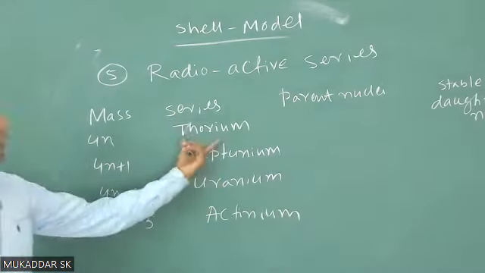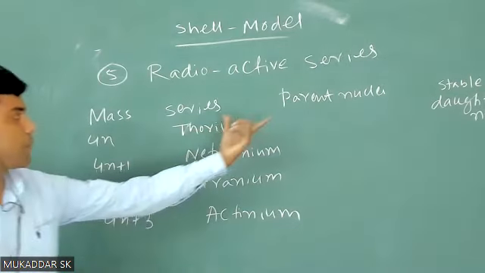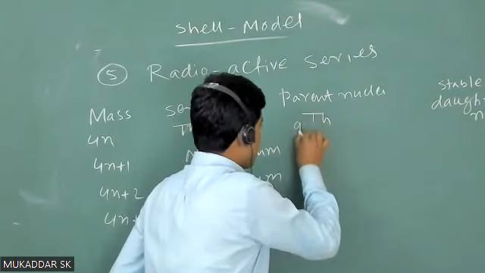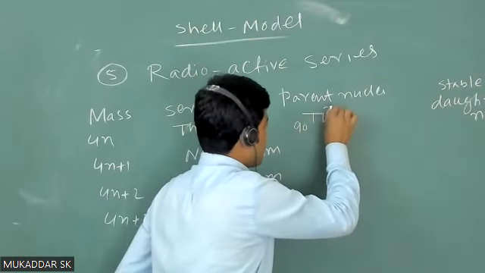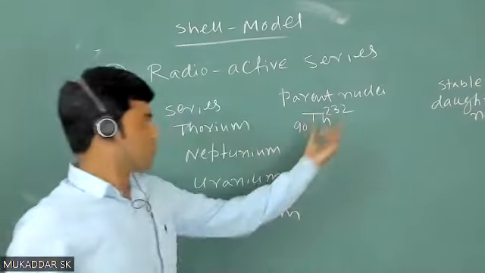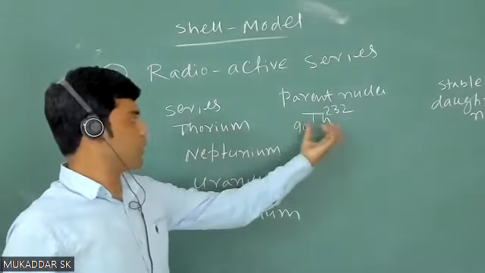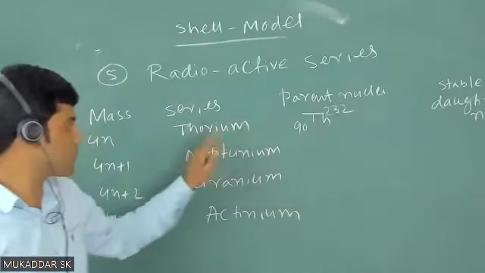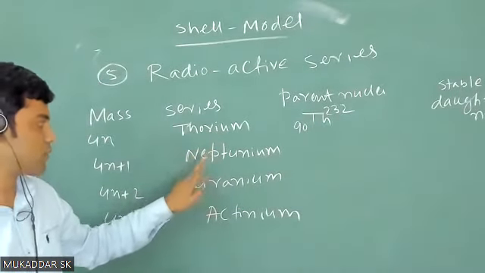Okay, thorium series. The parent nucleus is thorium, having atomic number 90, mass number 232. Now, the name is given according to the parent nucleus. Parent nucleus thorium, that's why it is called thorium series.